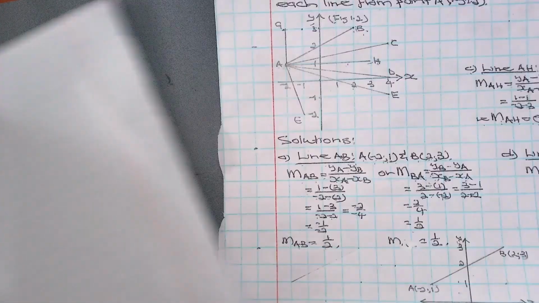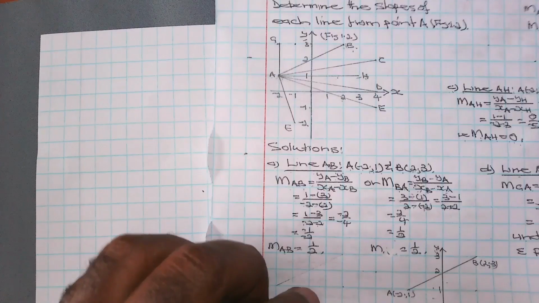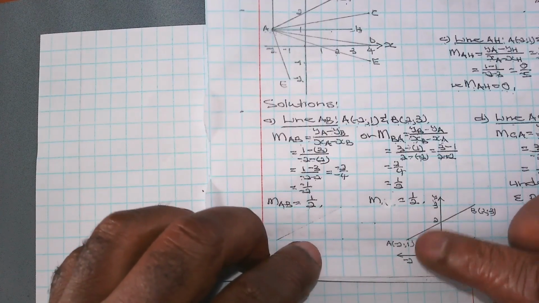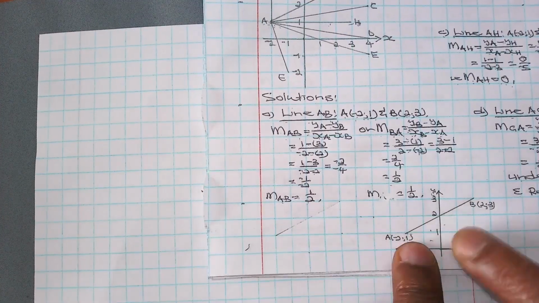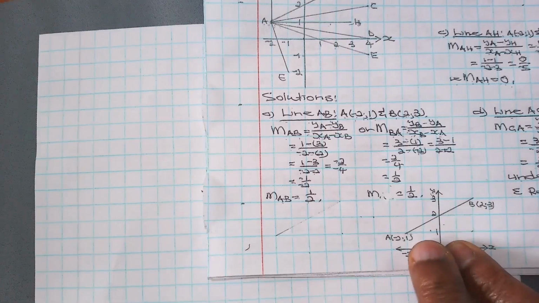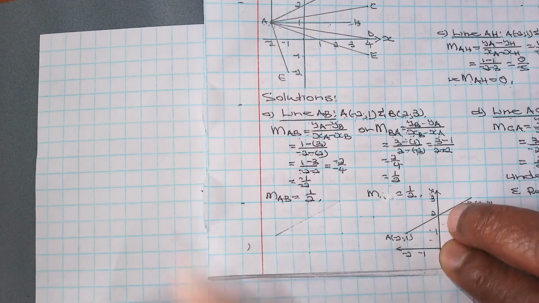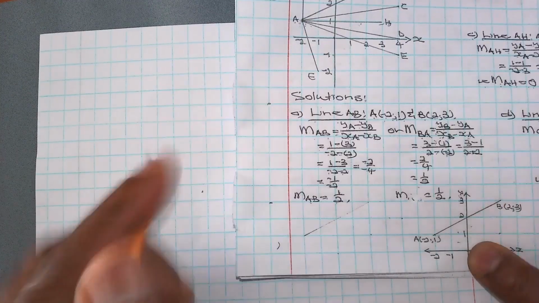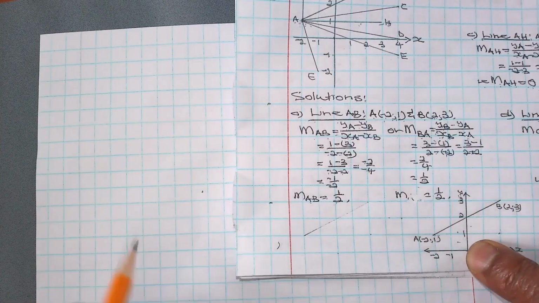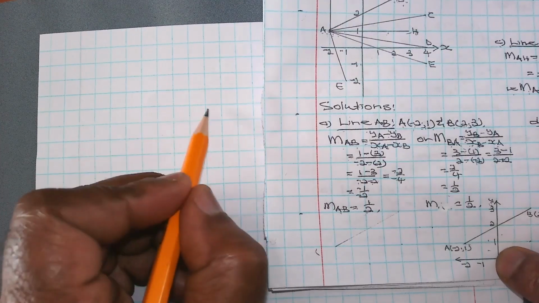Let us look at line AB. We know the slope is half. This is what you have to do. Listen to me. You know the slope is half. You can draw the graph very quickly.